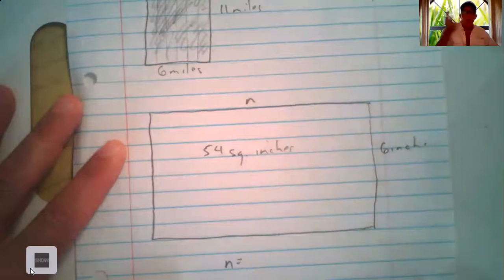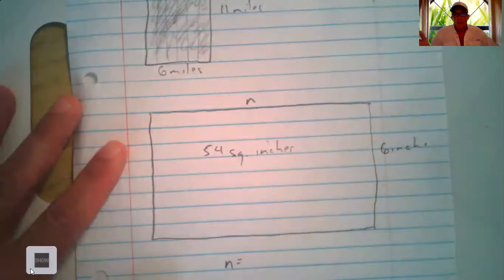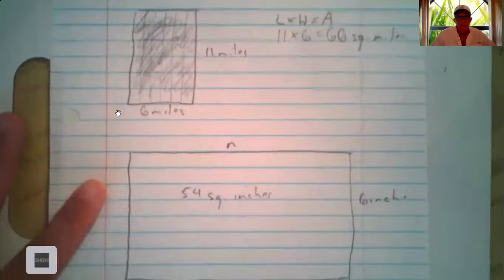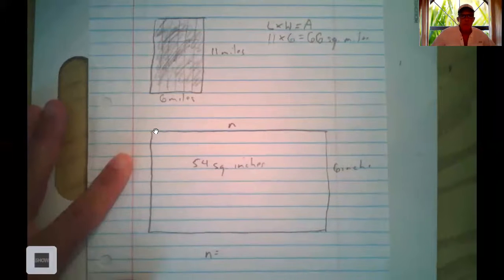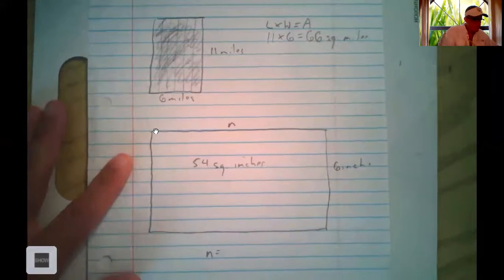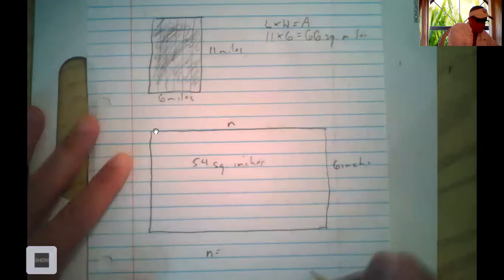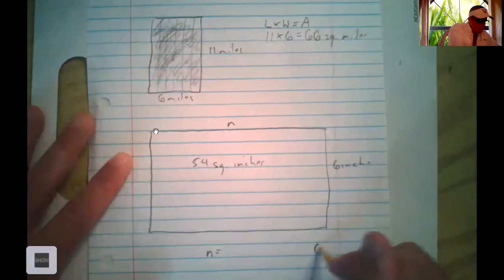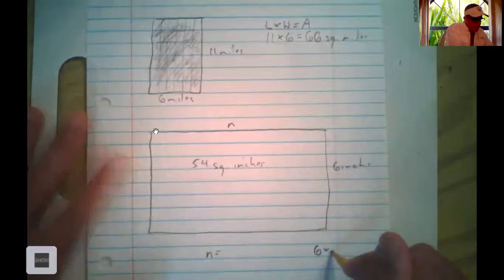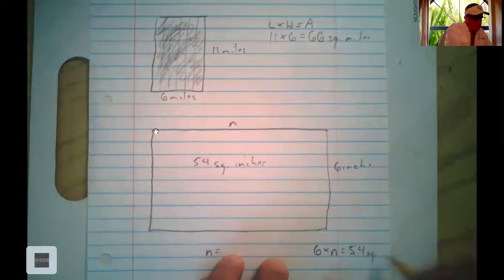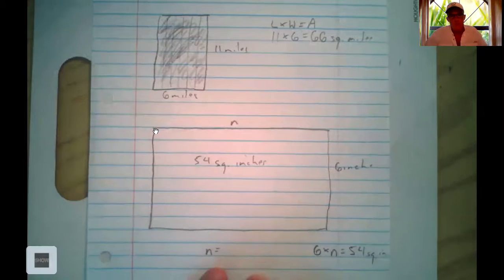N equals what? Let's go back to our formula: length times width equals area. We know the length is 6 inches, times N, our width, equals 54 square inches of living space.